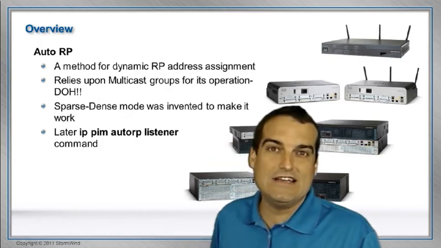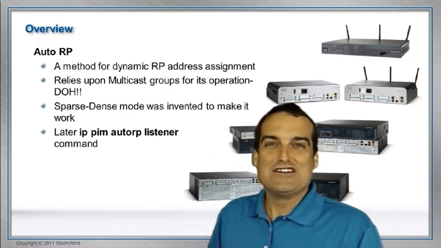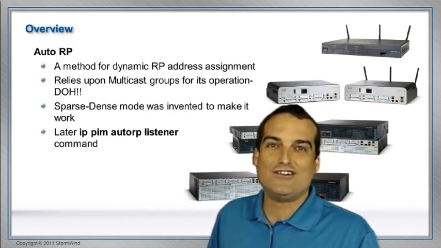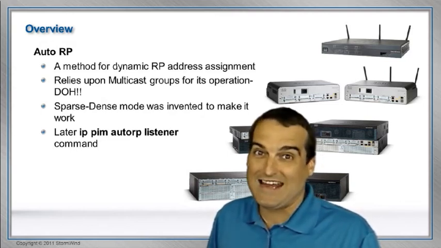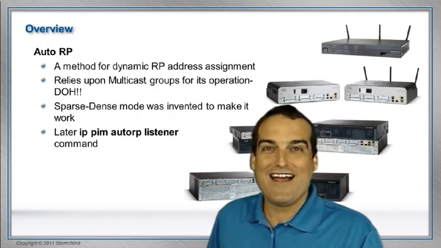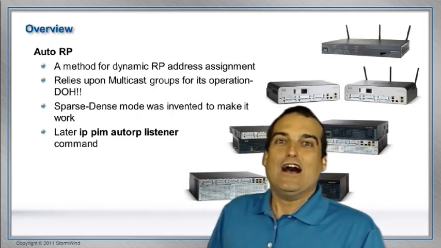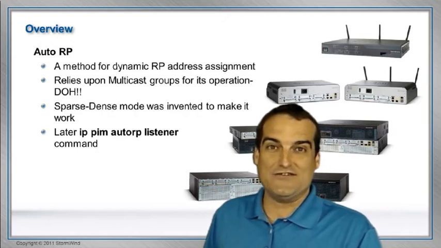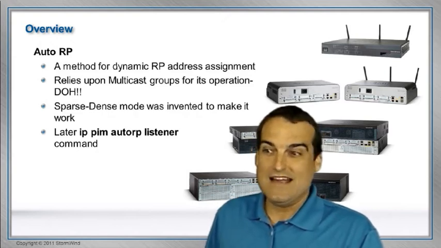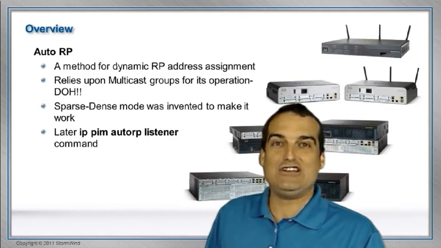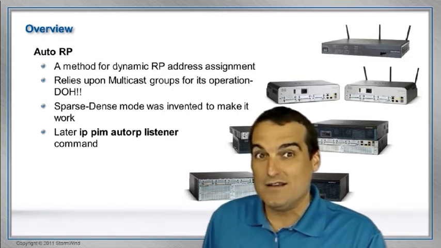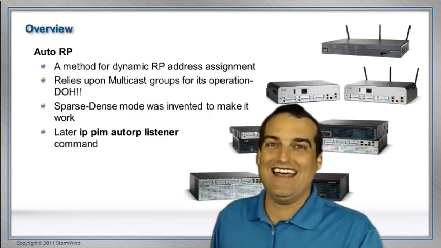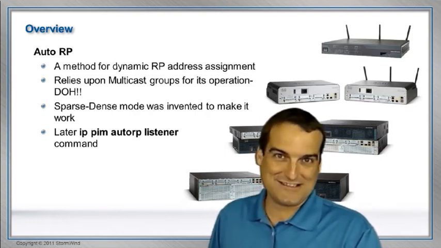This leads to what Cisco themselves in their documentation call the chicken and the egg paradox. In order for multicast groups to function in a sparse environment, they need a rendezvous point. Here, the methodology to assign the rendezvous point relies on multicast groups. So you have this chicken and egg type paradox.